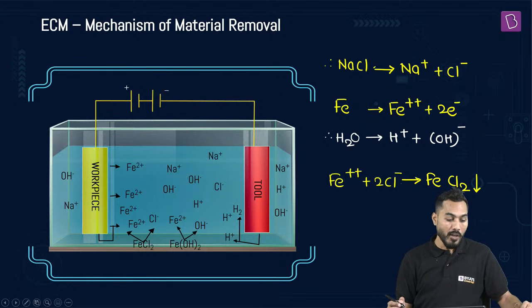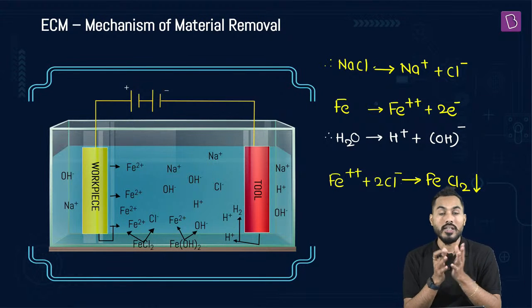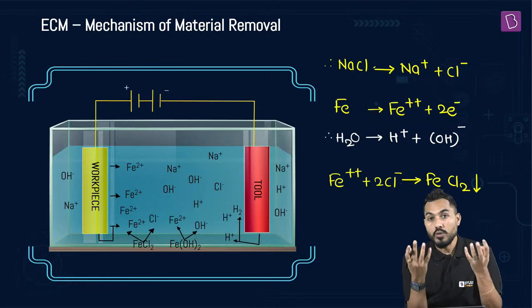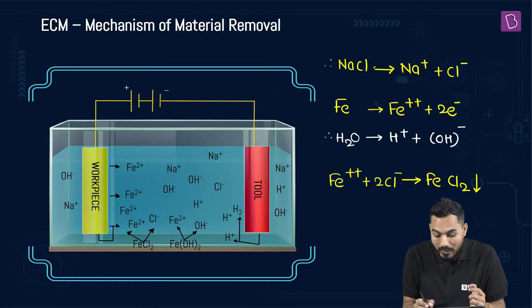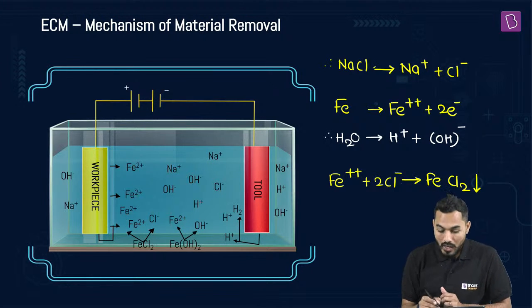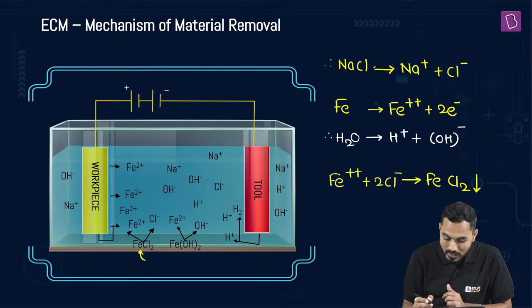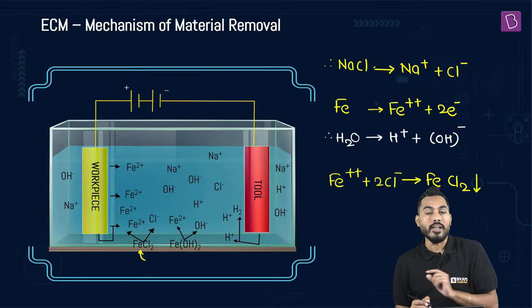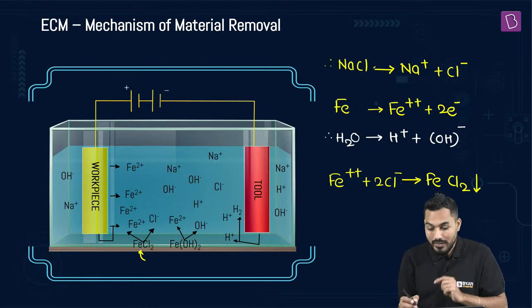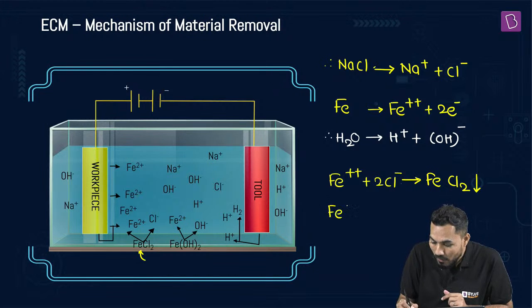In the chemistry lab, you must have heard about precipitation. It is a non-reactive chemical, I would say, and that precipitate can be collected at the bottom of the chamber. And therefore, here you can say that FeCl2 is ferrous chloride. That is the precipitate generated. In the same manner, Fe++ will react with the hydroxyl ion, that is OH minus.